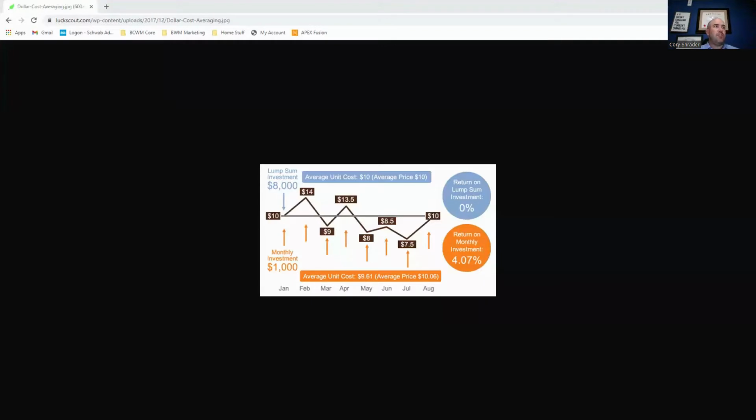Let's take a quick look at a graphic on this. I think this is a really good representation of what you're actually trying to do. Let's say you have $8,000 that you want to invest, right? Here we are at the beginning of the year. The price is at $10. Well, I know I'm going to take the next 8 months and no matter what, I'm going to invest $1,000 every single month.